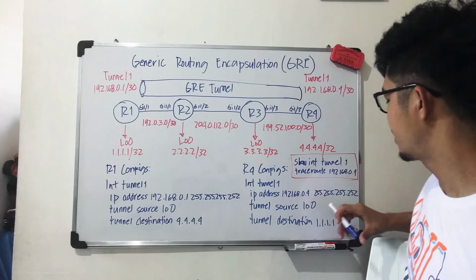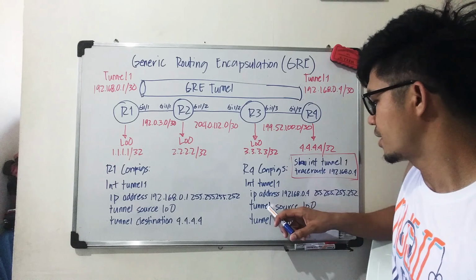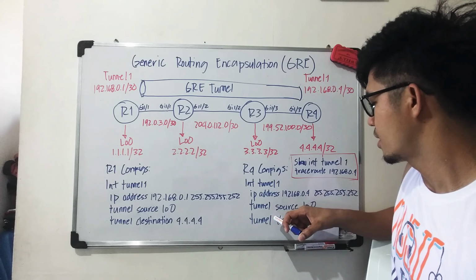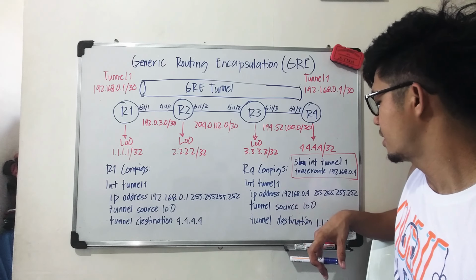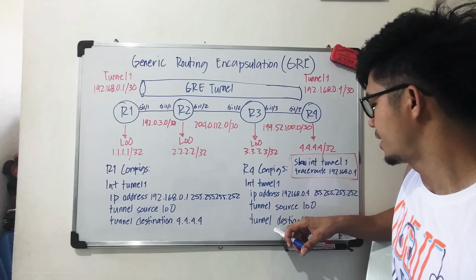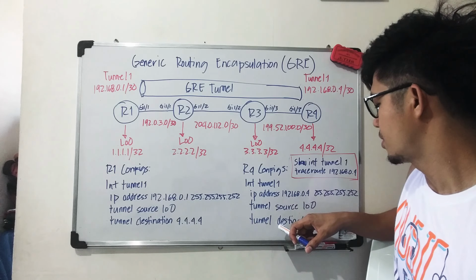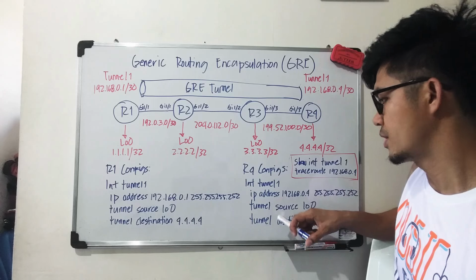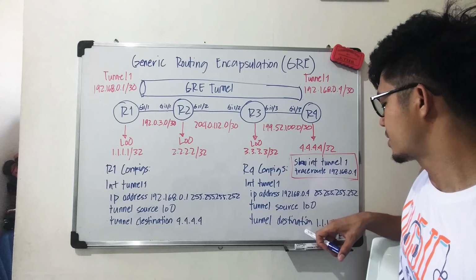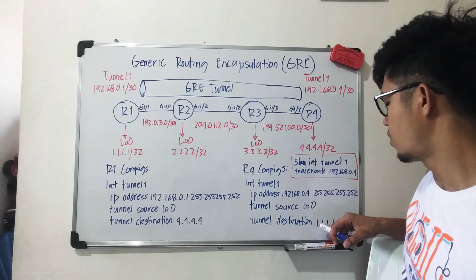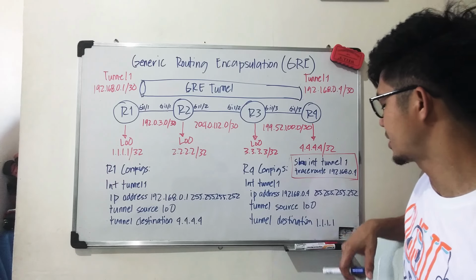We are using /30, and here we are using loopback 0 as the source of the tunnel, and the destination is the source tunnel of router 1. So in this case it is 1.1.1.1. You don't have to specify the subnet mask.